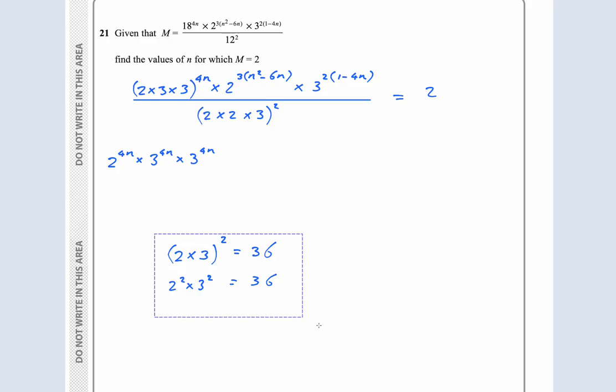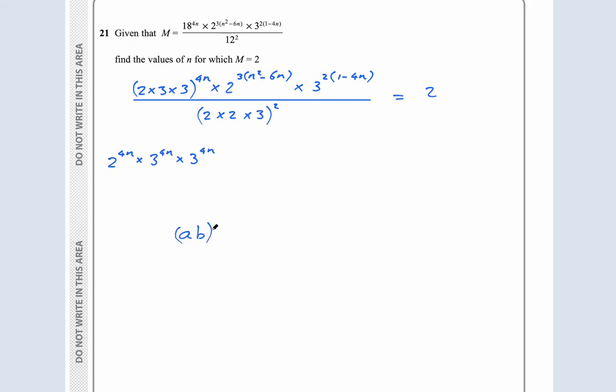So I'm allowed to do that. Or perhaps a better way of thinking about it is (AB) squared is equal to A squared B squared. Okay, anyway, I can do that.